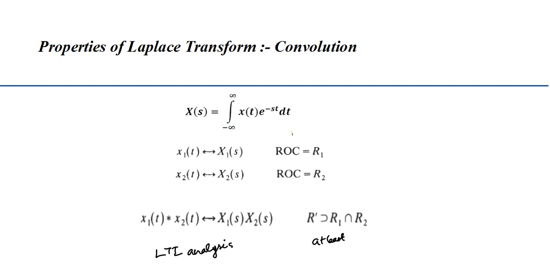That's why I use the words at least R1 intersection R2; in some cases it will be more than that, depending on the particular question, when a pole-zero cancellation occurs.